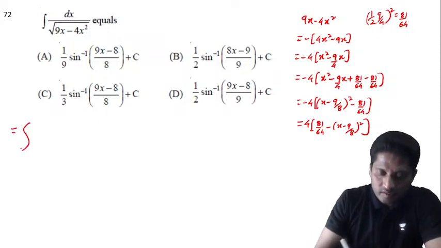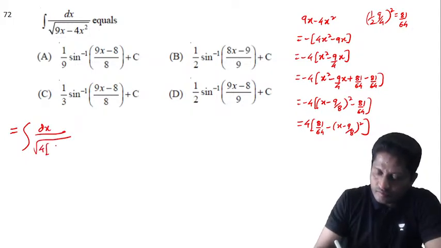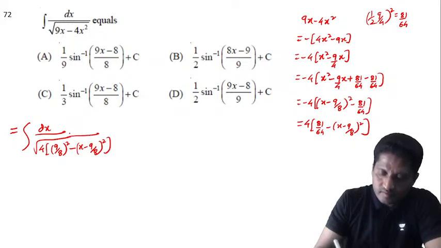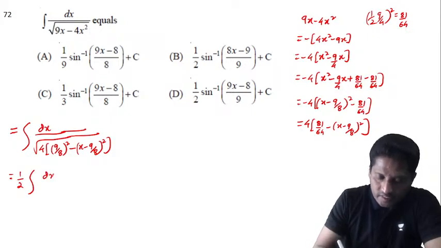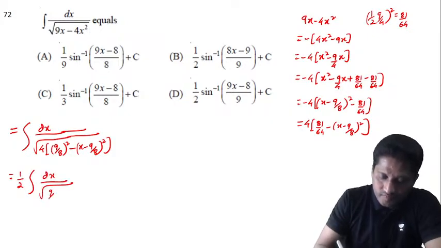This becomes integration of dx divided by root of 4 into 9 by 8 the whole square minus x minus 9 by 8 the whole square. If I take this outside, you get 1 by 2 integration dx divided by root of 9 by 8 the whole square minus x minus 9 by 8 the whole square.